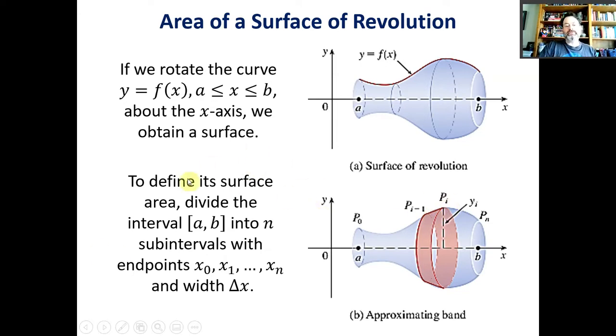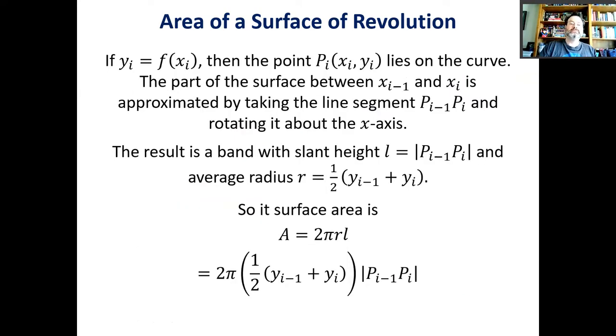So we're going to do the same thing we did in previous sections. Take AB, divide it into equal subintervals. And then we're going to use the exact same argument from section 8.1. That if we let yi, so that's just the y coordinate of the function at some point, and the part of the surface, we approximate it with the line segment, and we rotate the line segment to get the band.